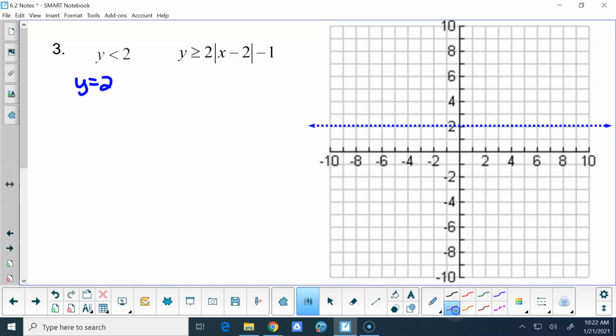It didn't go through the origin, so my test point is the origin. 0 is less than 2, that is true, so I am changing down.